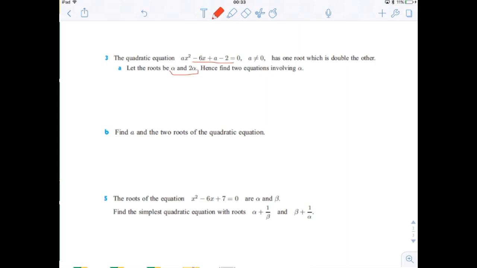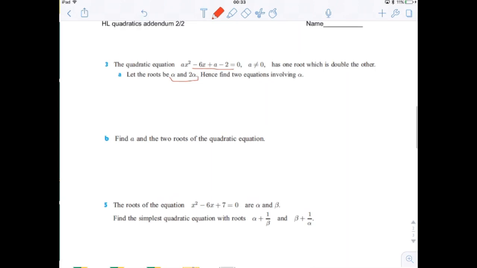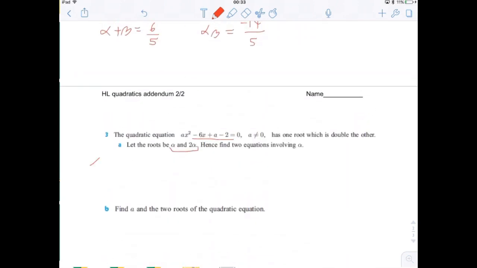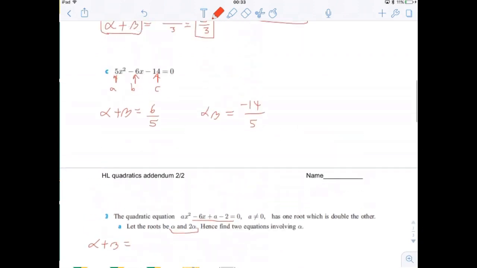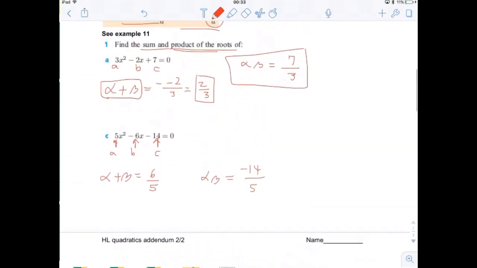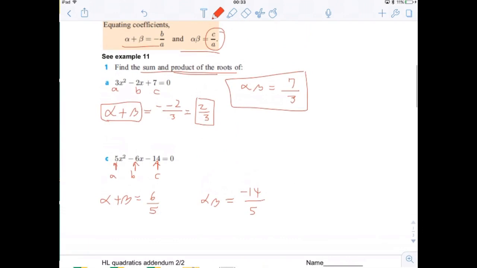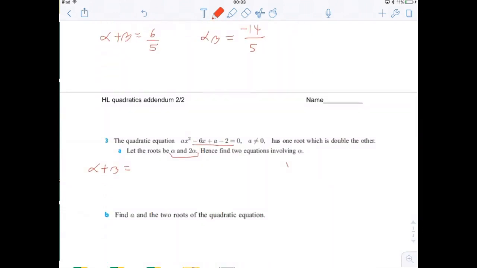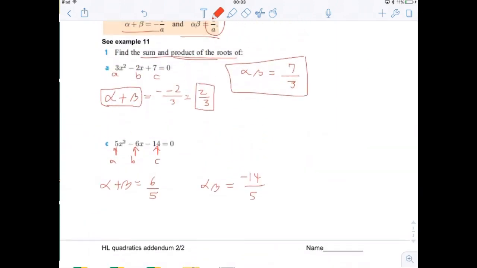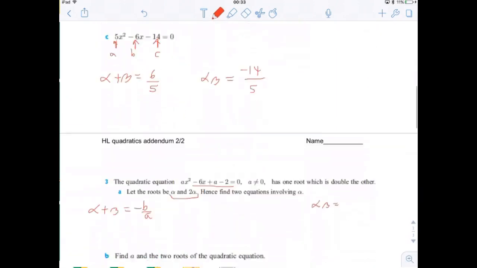Okay, so what we're going to start with is alpha plus beta equals, of course I don't have these memorized, negative b over a, and alpha times beta is equal to c over a.